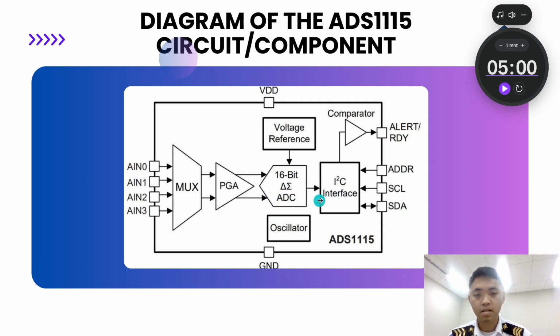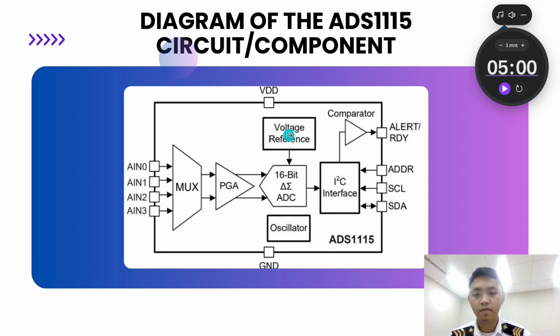Next is the 16-bit ADC. This is the core of the ADS1115. This ADC converts a selected and amplified analog signal into a 16-bit digital representation. Next is the voltage reference.